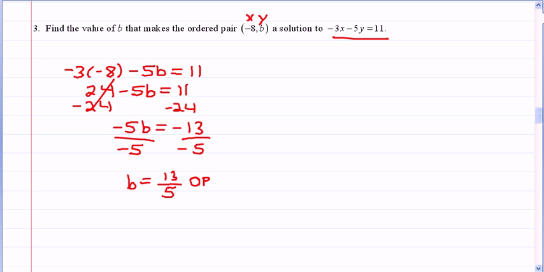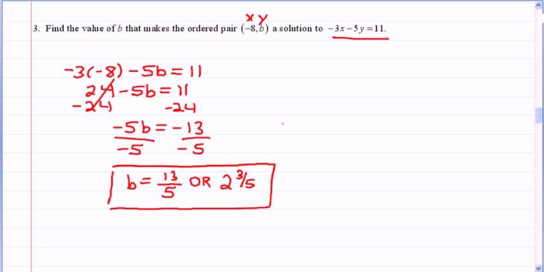I could also write this as 2 3/5, but you don't have to. So this is my value of b, and it means that the point negative 8, 2 3/5 is a point on the line negative 3x minus 5y equals 11.